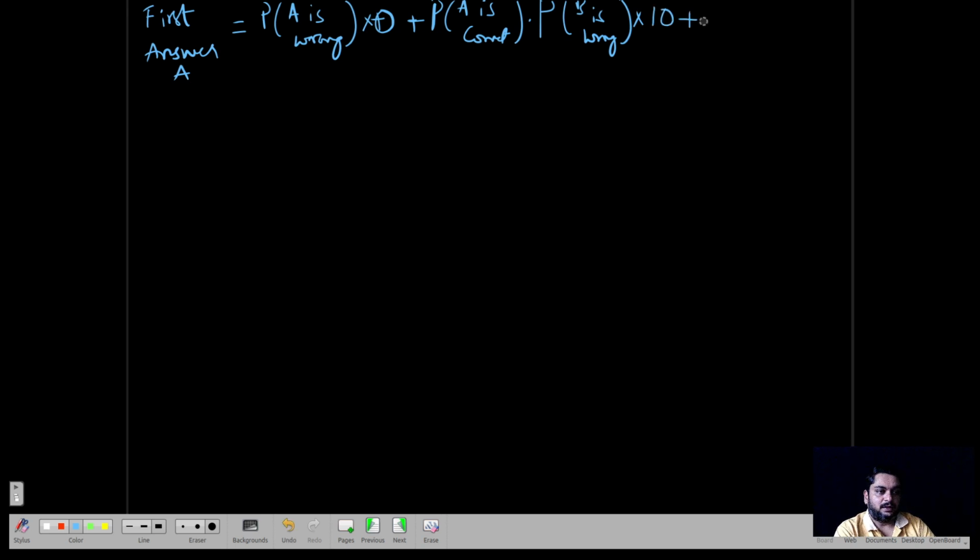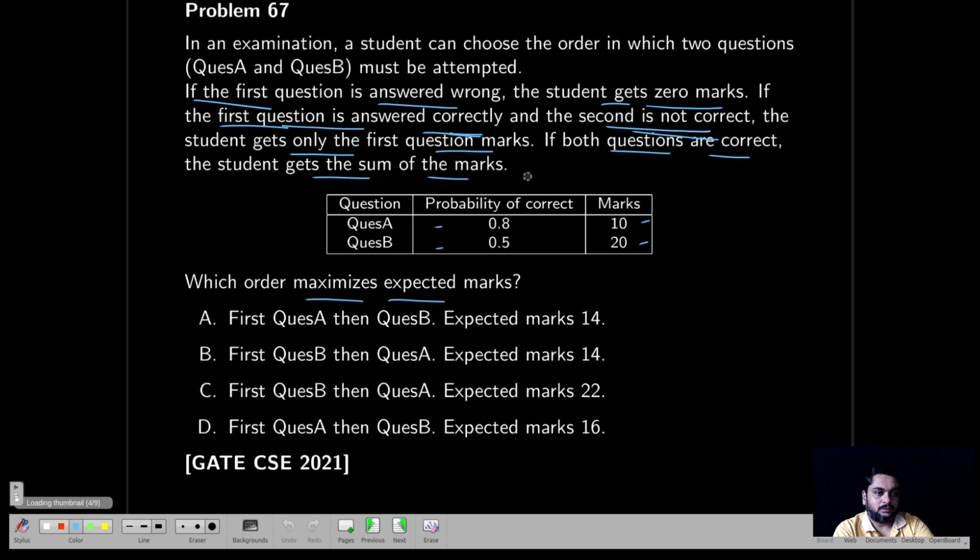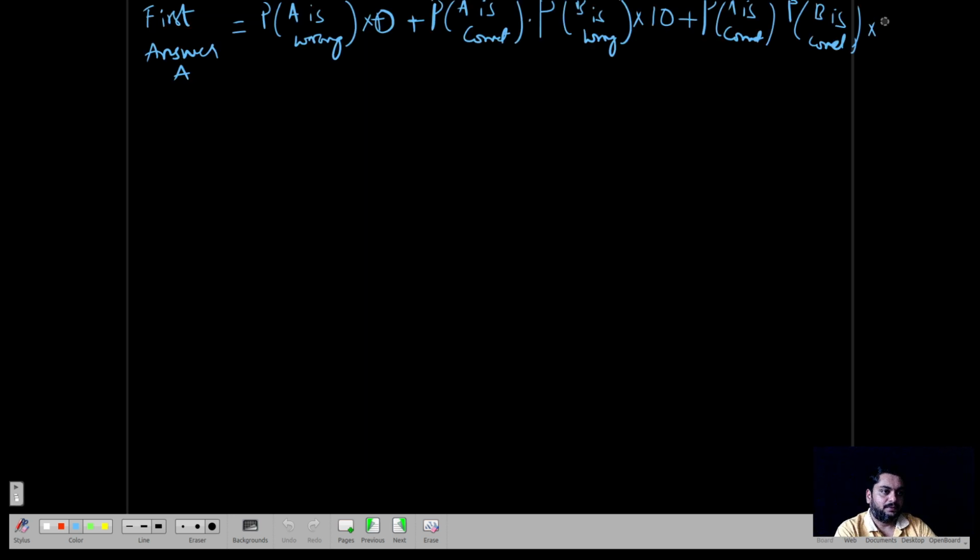Next, the third: if both are correct, if A is correct and B is also correct, I will get the sum of the marks, 10 plus 20, 30.